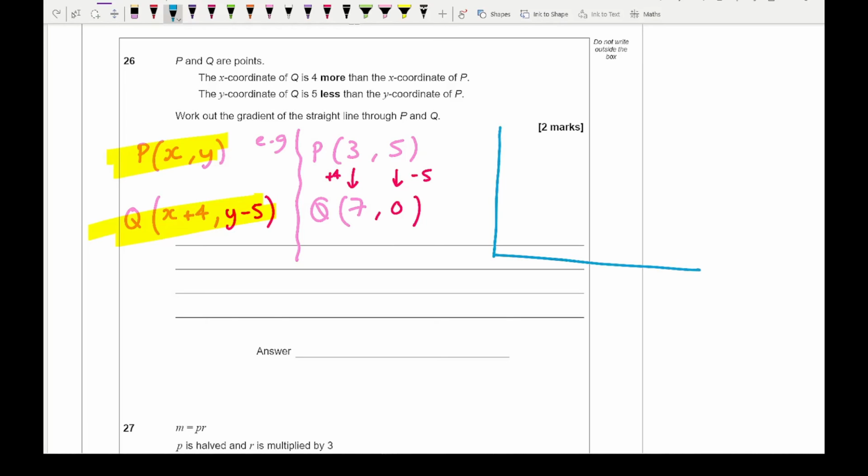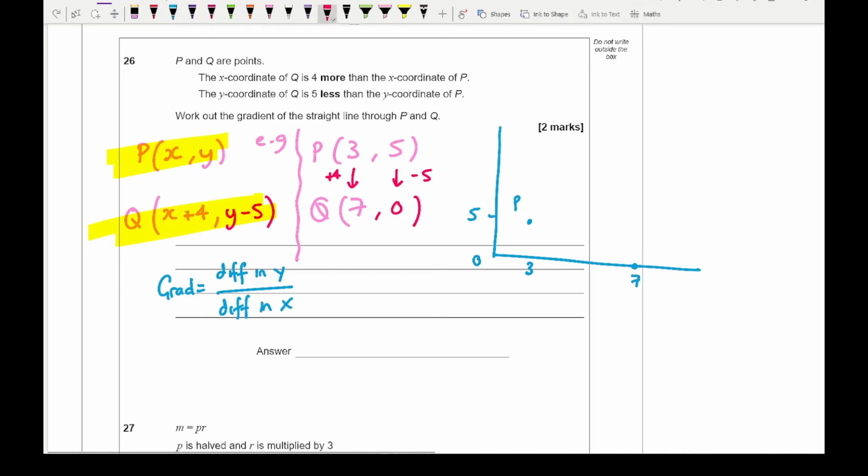Now, there is a formula to work out the gradient. So let me just write that down. The gradient equals the difference in y over the difference in x. But if you want to draw it out, that's absolutely fine. So this point here, which is P, is at 3, 5, and Q, which is here, is going to be at 7 and 0.